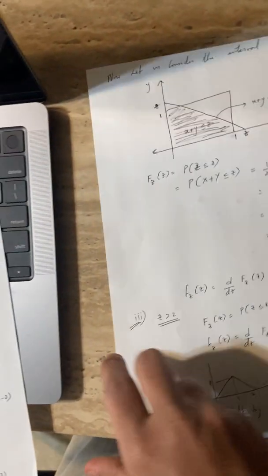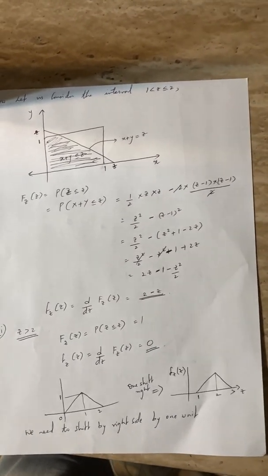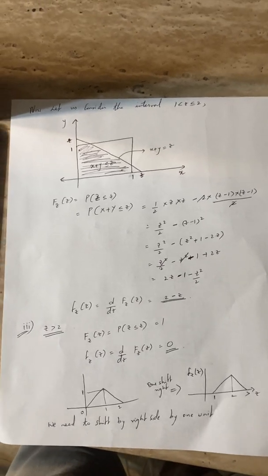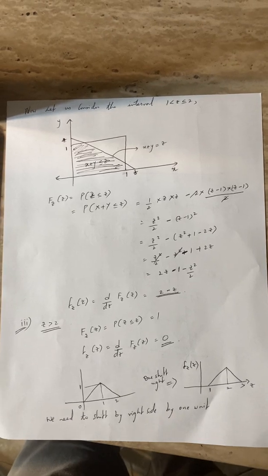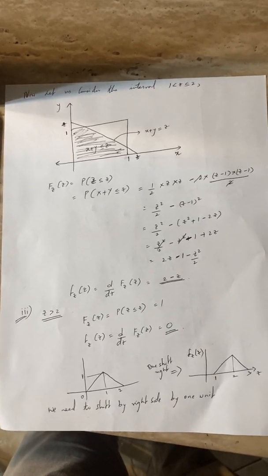Similarly, I've calculated it for z between 1 and 2. For z greater than 2, the distribution function is 1, and the density function is 0 because it is the derivative of the distribution function.